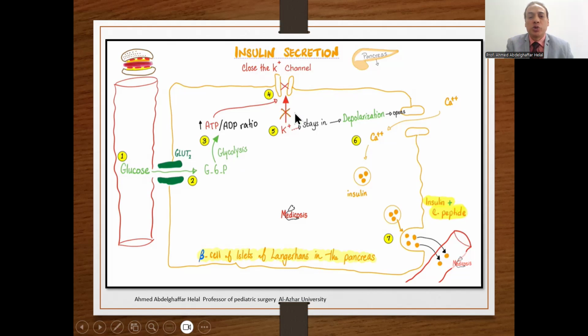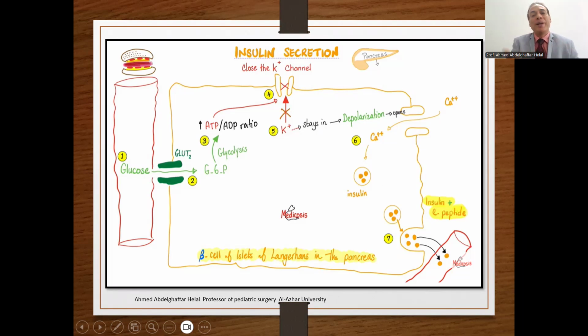This will be closed, accumulating high potassium inside the cells. This will lead to depolarization of the cell membrane and will open the calcium gate. Second gate, calcium influx to the cell will stimulate the stored insulin vesicles to adhere to the beta cell wall and release their content to the blood, called insulin exocytosis.